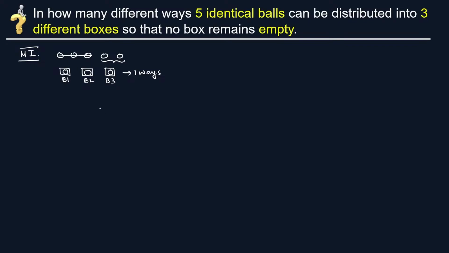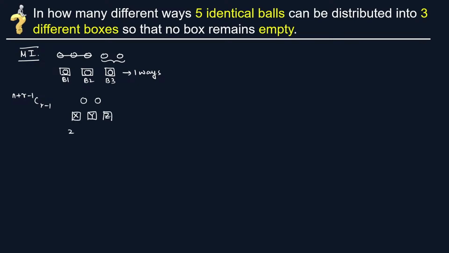In how many different ways? Same question. We have 2 identical objects and they have to be distributed among 3 people, let us say X, Y and Z. So the total number of ways will be what? What was the formula? N plus R minus 1 C R minus 1. Here n is 2, and R is the total number of variables, or the total number of heads, you can say.